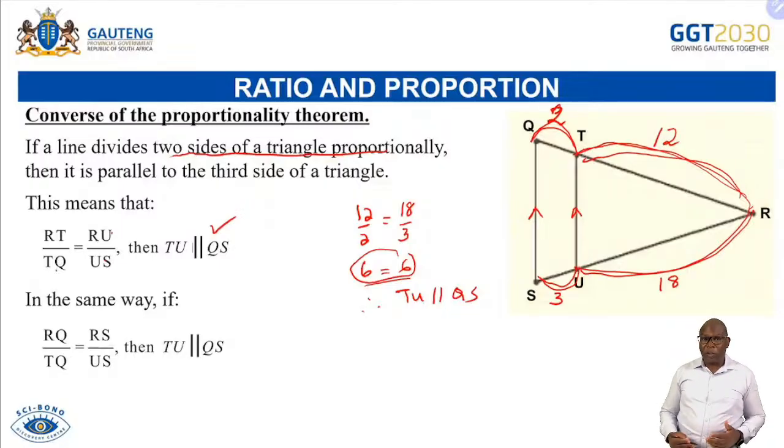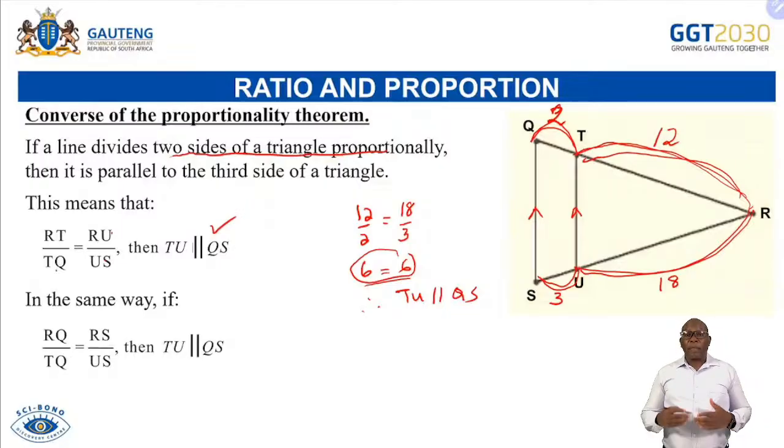So you might be asked a question where it says the two sides are in the same proportion. Are these two lines parallel? Yes, they are. But if I got another number there, say a 9, a 6 here, and I get a 3 there, then those two lines cannot be parallel, because their sides are not in the same proportion.